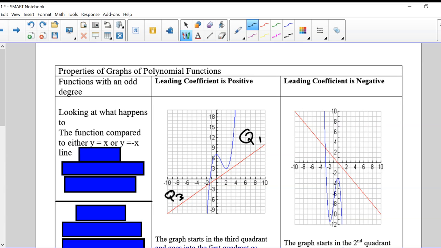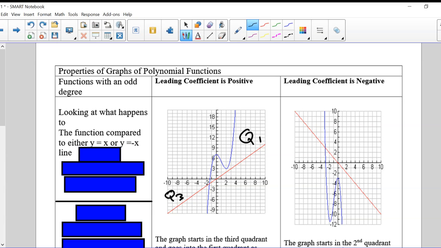In other words, look at the blue line. The blue line does start off in Q3, and if you follow it along, you can see my mouse moving along here. Even though it passes through Q2, it doesn't stop there forever. At some point, it ends up over here in Q1 and then stays in Q1 all the way to infinity.